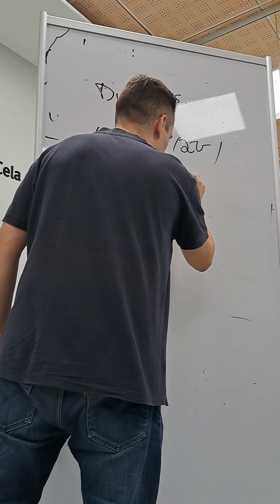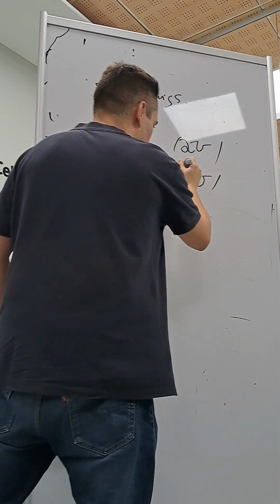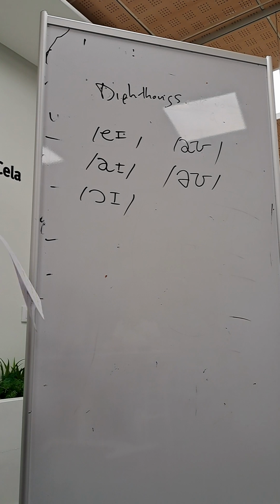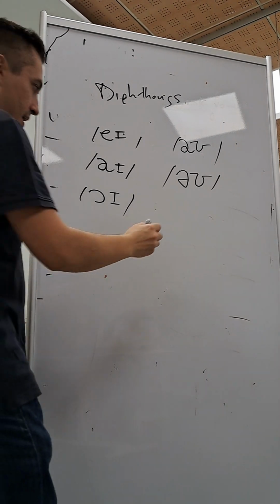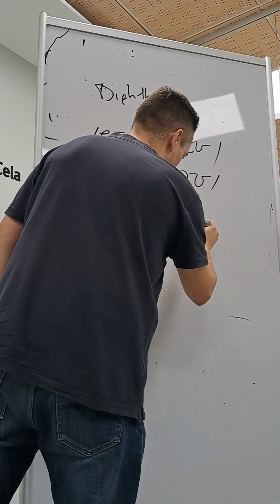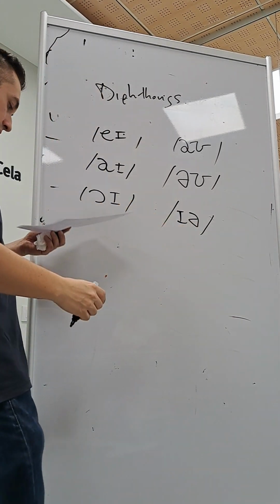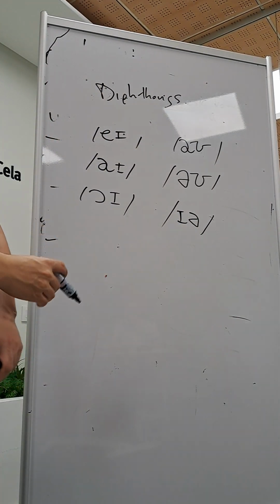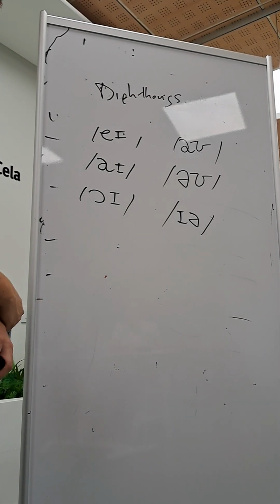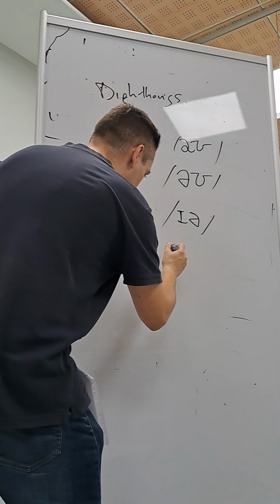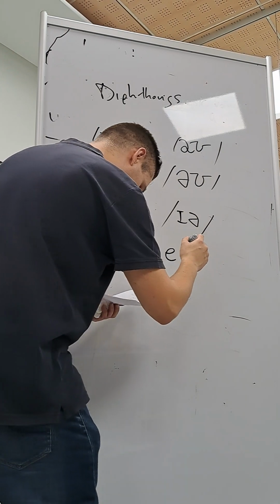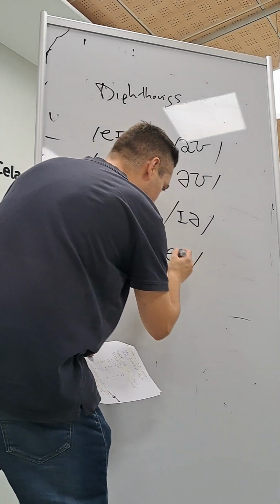Phone. The O is like this, with a schwa at the beginning. Here. Notice there is a schwa in the second position. Bear, the animal. Oh, that's a bear.